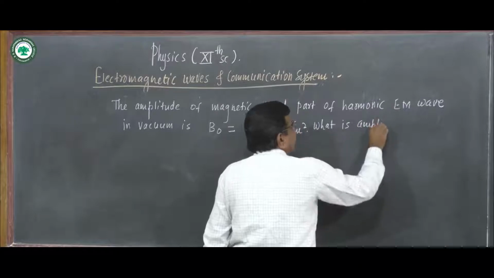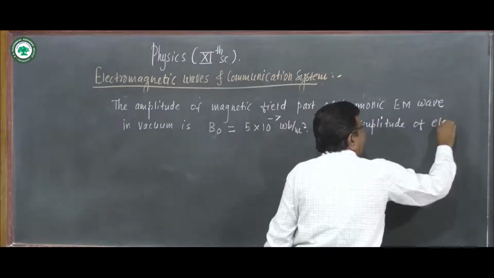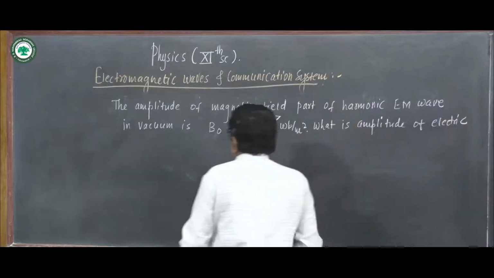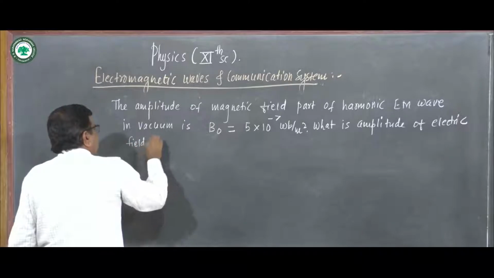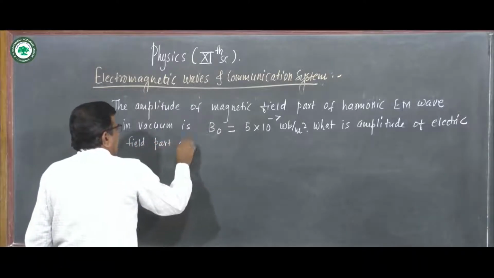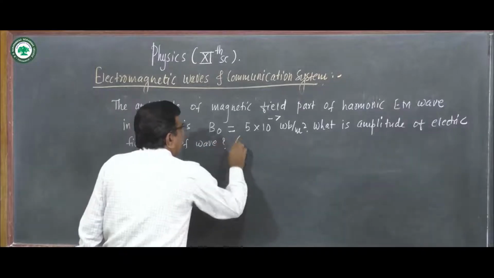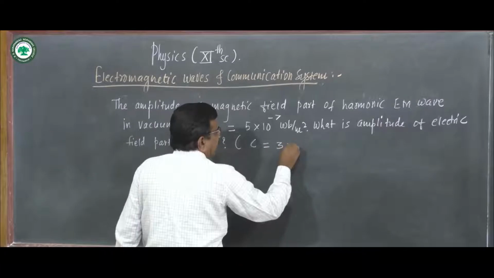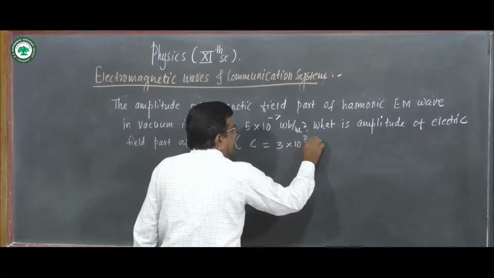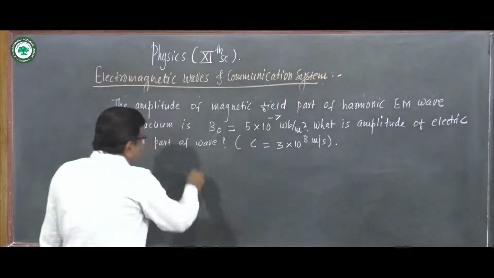And this constant we know, the speed of that electromagnetic wave is 3 into 10 raised to 8 meter per second. Here B0 is given.